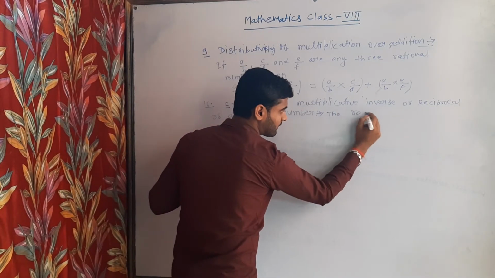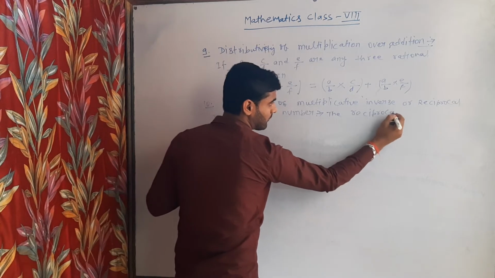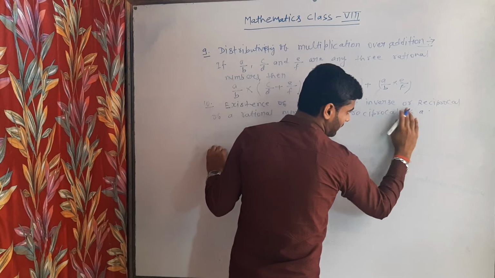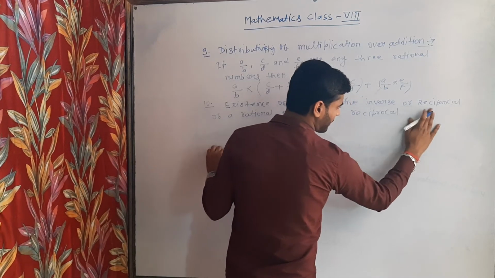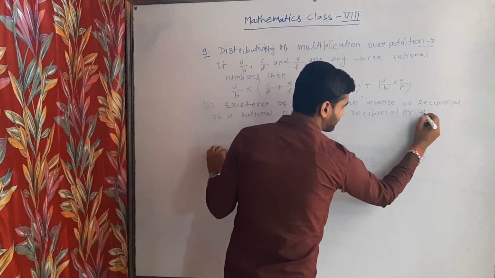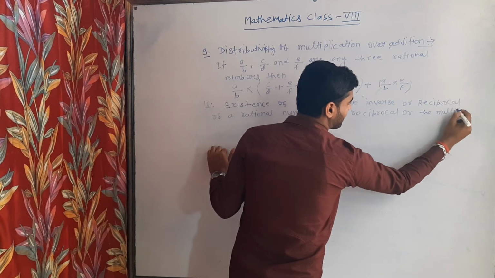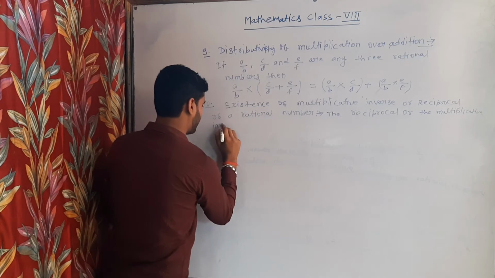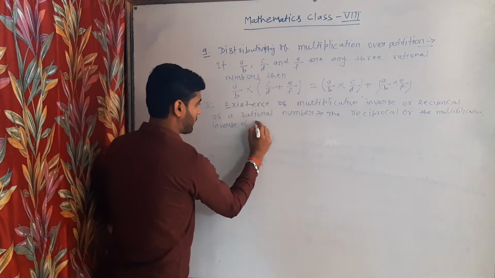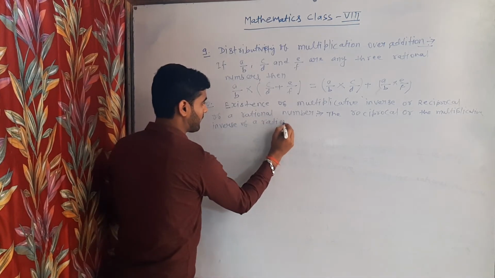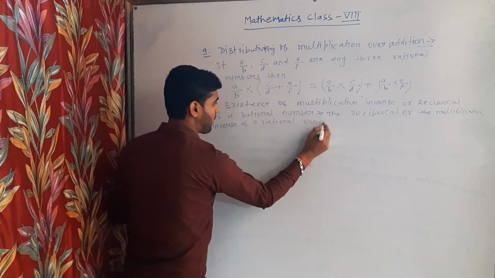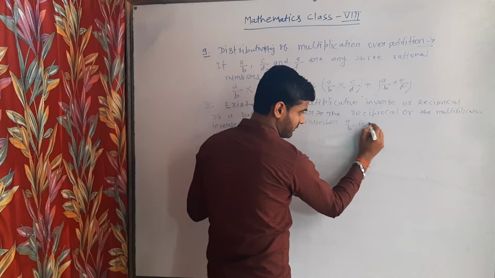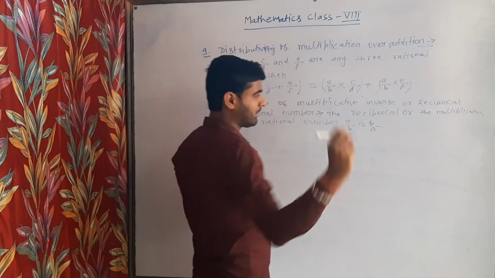The reciprocal or the multiplicative inverse of a rational number a by b is b by a.